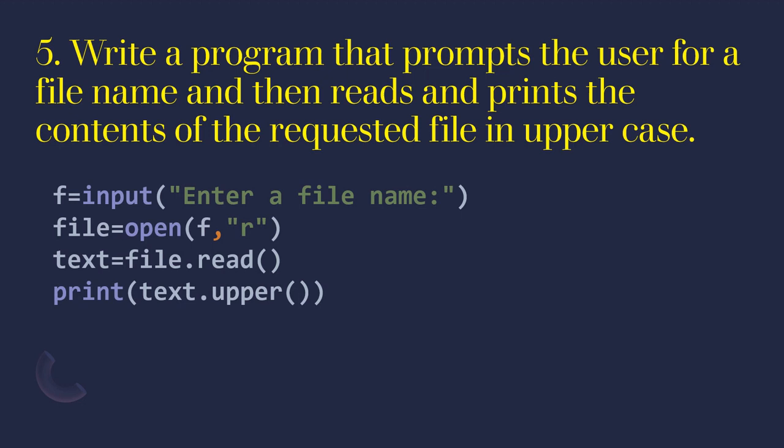Now with the help of the open function, we are opening the file in reading mode and storing it in a file object called file. Now it's reading the file by using the read function, and the output is stored in a variable text. Now we just have to print the text in uppercase by using the upper function. So you have to call text.upper within the print statement. Then you can see the output.